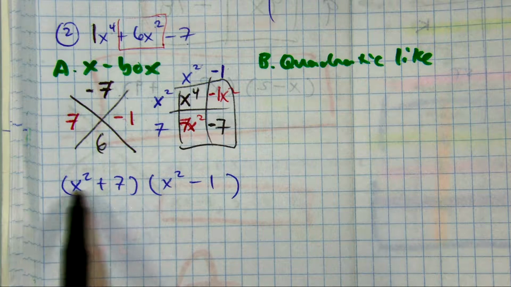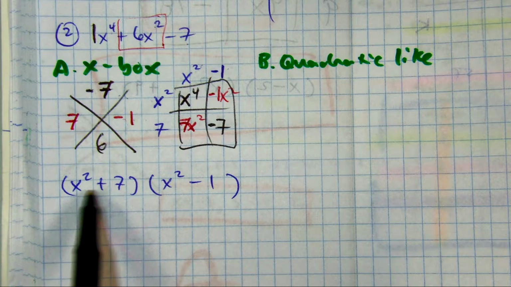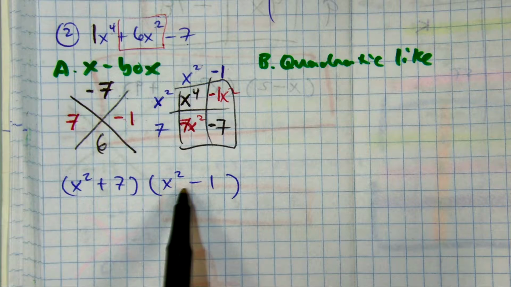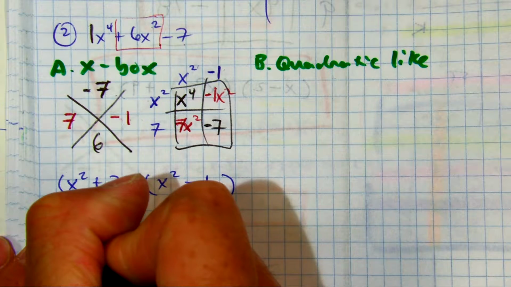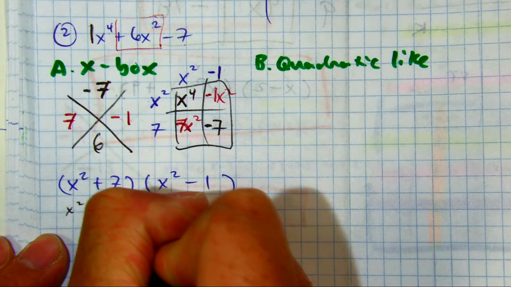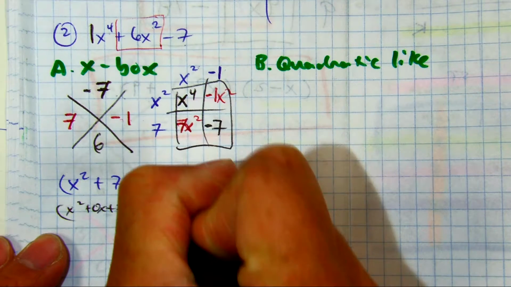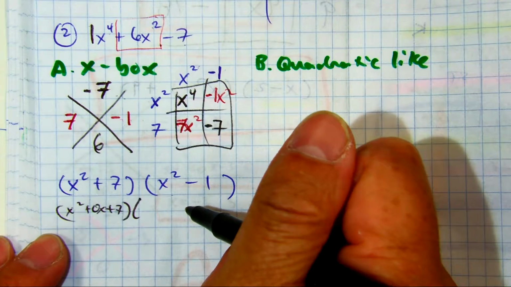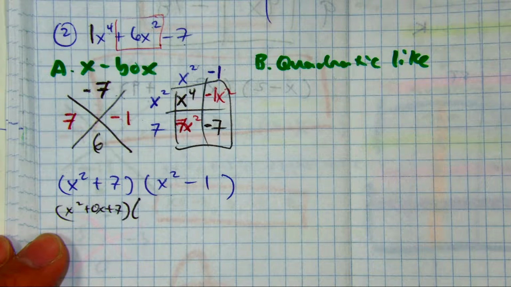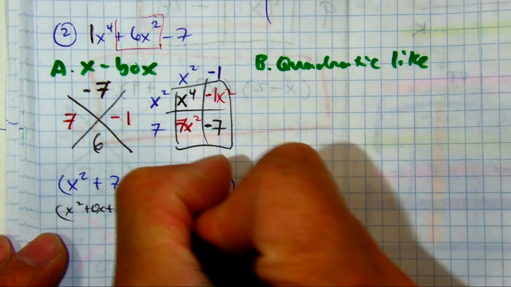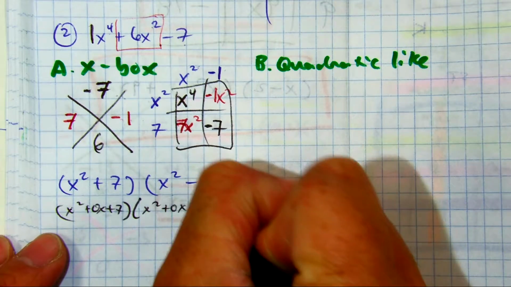Class, is this one done? Yeah. Is this one done? This one is done. Because you can always write an x squared plus 0x plus 7. And x squared plus 0x minus 1.